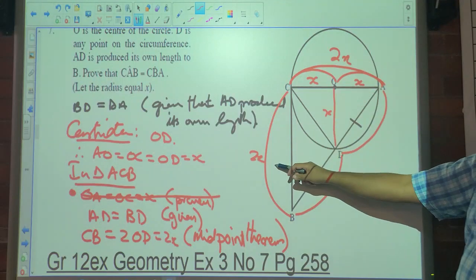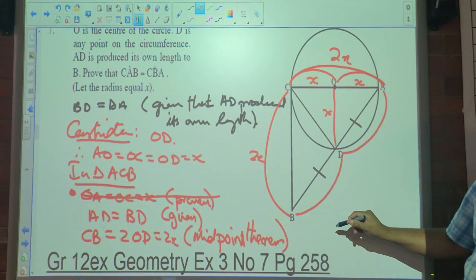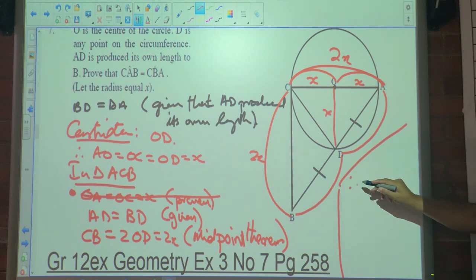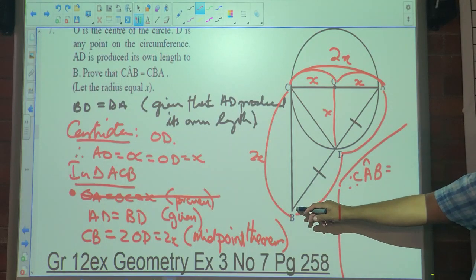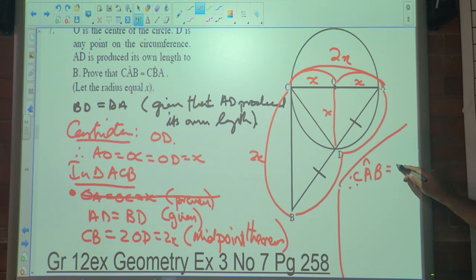That is 2x and this is 2x. Therefore, angle A, which they call CAB, has to be equal to angle B, which they call CBA. Could I have just called that angle A and angle B? Yes. And why is that the case?